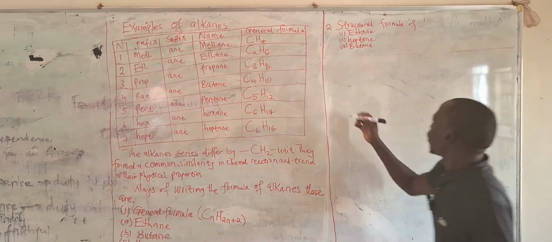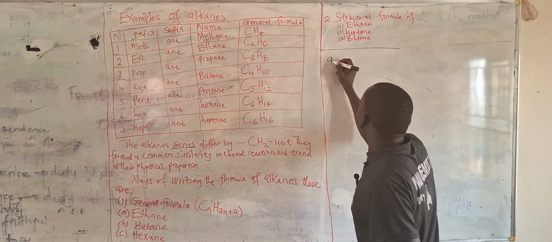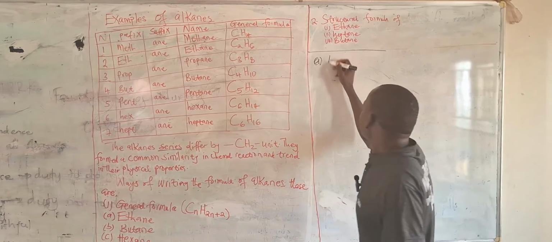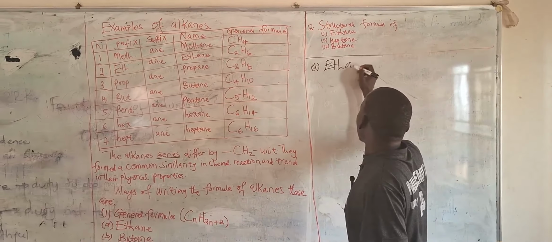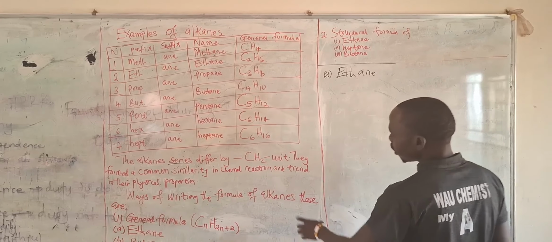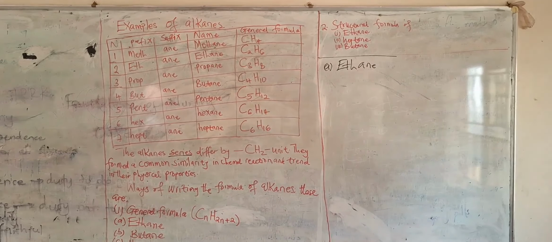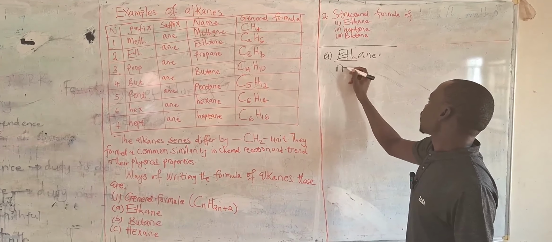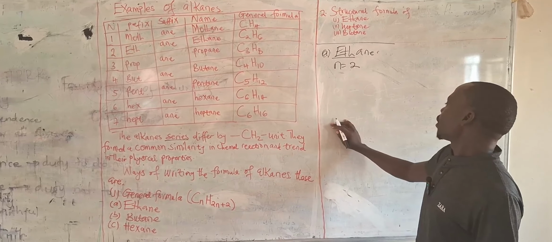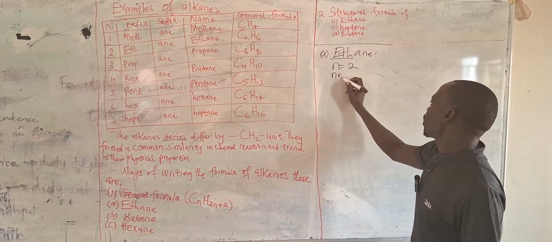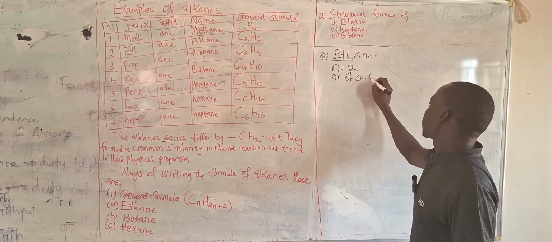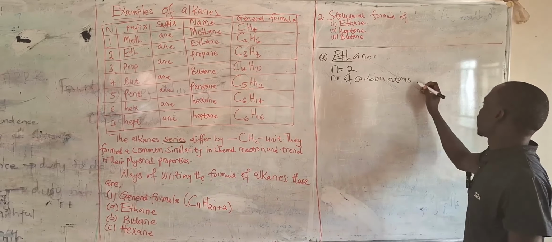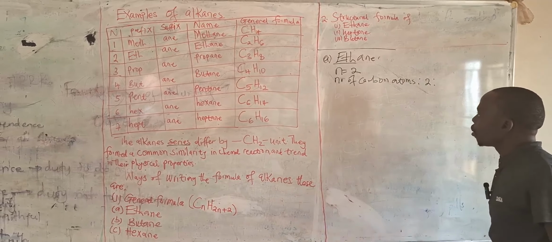So here I'm explaining, if I have A like this, then A will say it is ethane. So how can I write the general formula for ethane? The moment I say ethane, I will just know N is given to be 2. Therefore, the number of carbon atoms in ethane are also 2.